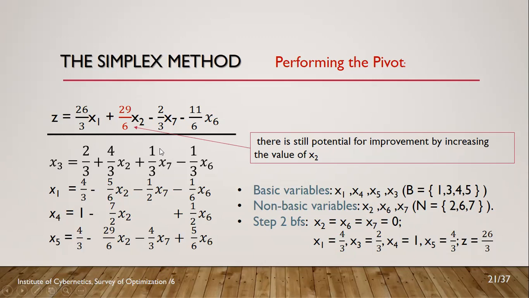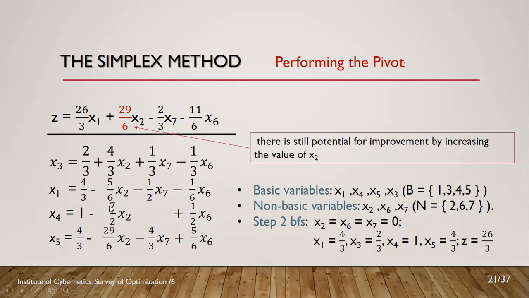Then again, here the largest positive coefficient is 29 over 6. So here is the pivot column, so we will go over the coefficients of x sub 2 in the constraints, and we have the ratios here.